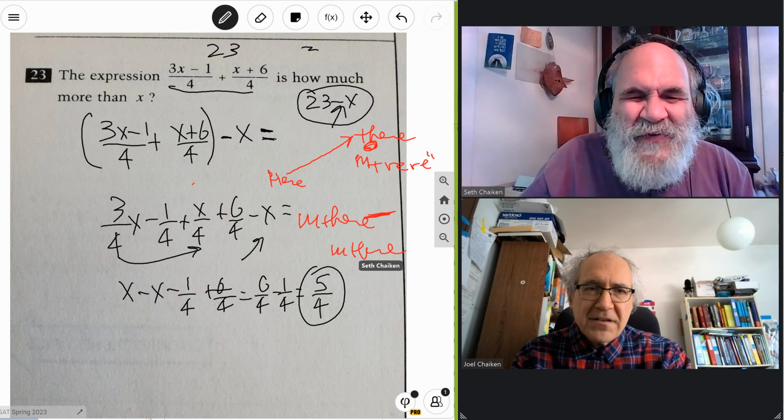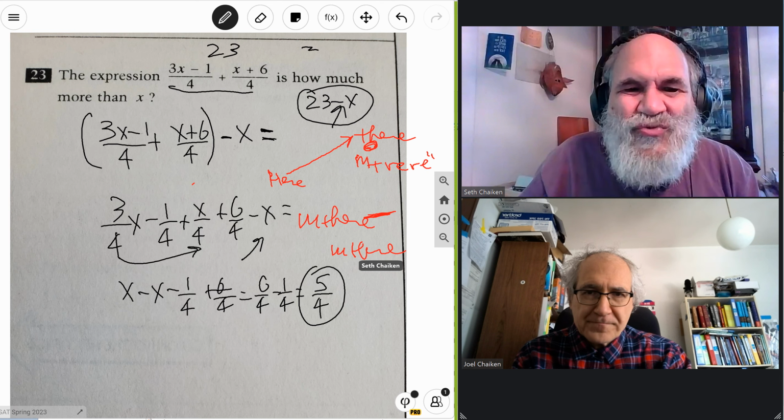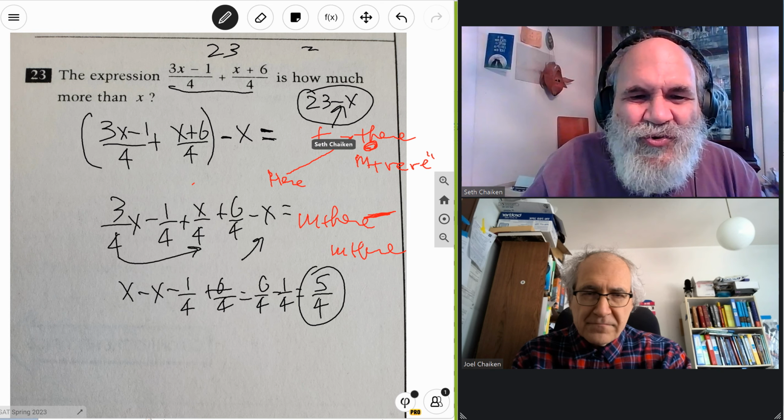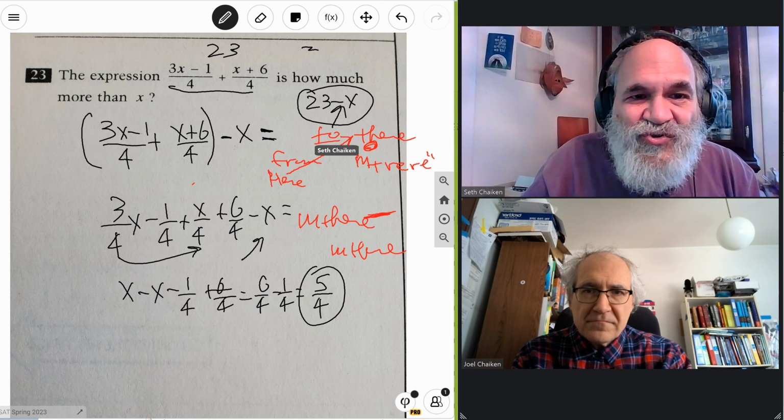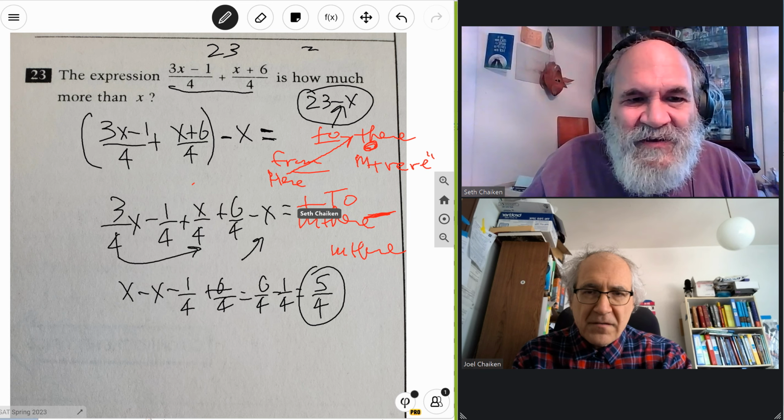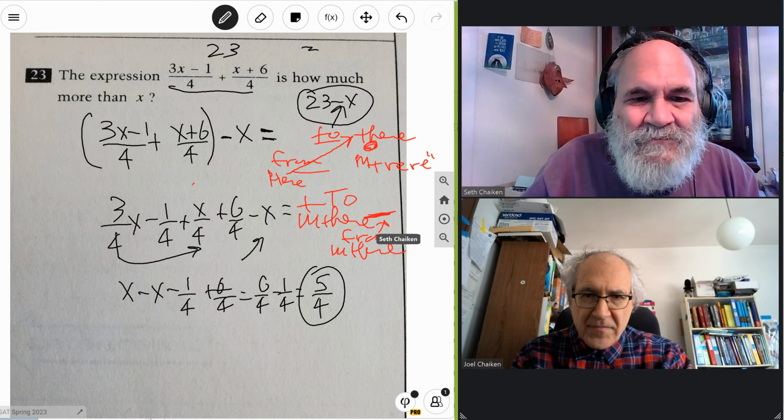Right. M star. When you find out how to get to there from here, you take the 2 with a plus sign and the from with a minus sign. Right.